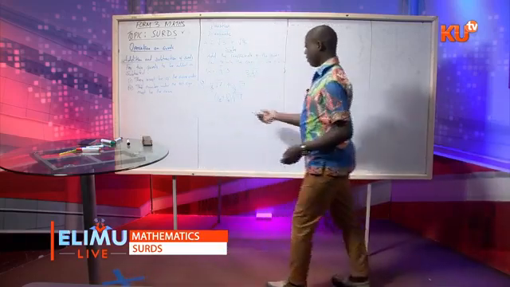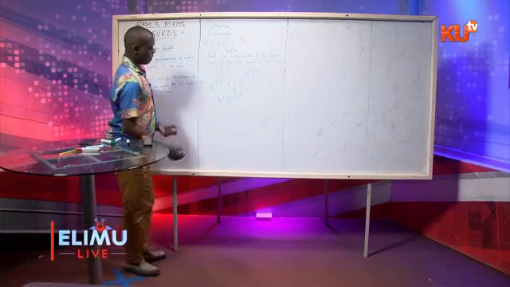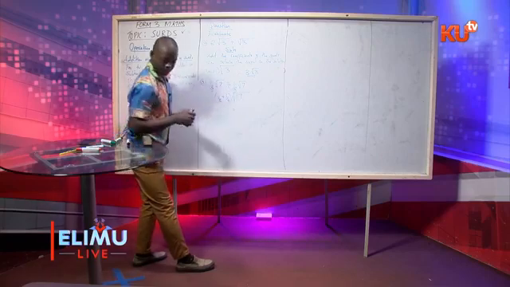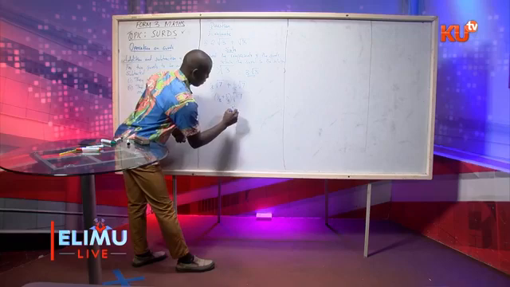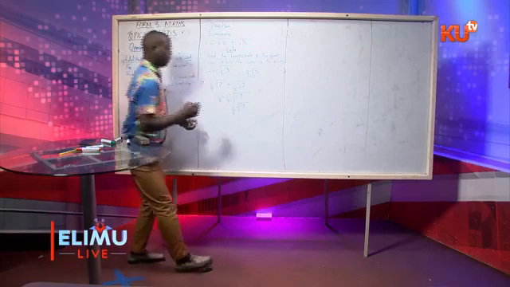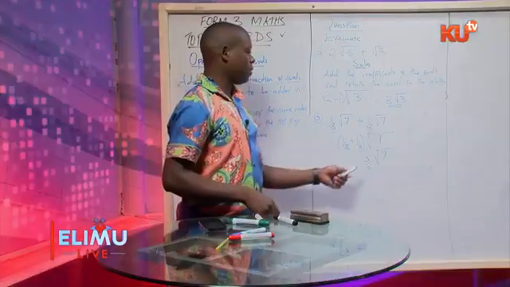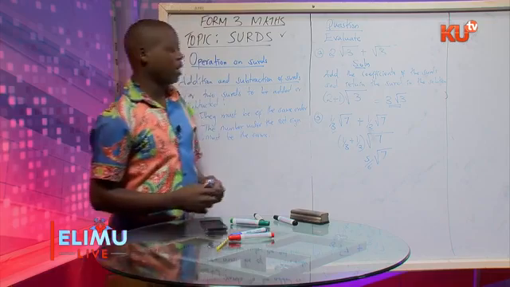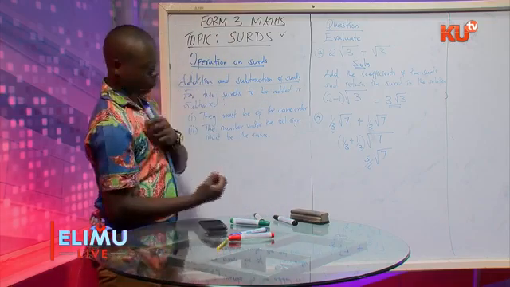If we work out these fractions, a half plus a third, that will be 5 over 6 root 7, because the LCM is 6. 3 into 6 is 2 times, then 2 into 6 is 3 times. So 3 plus 2 is 5, giving 5 over 6 root 7 as our solution.